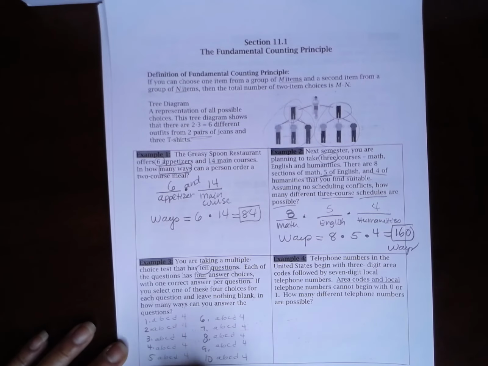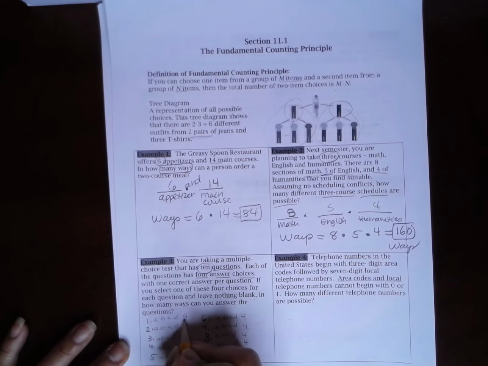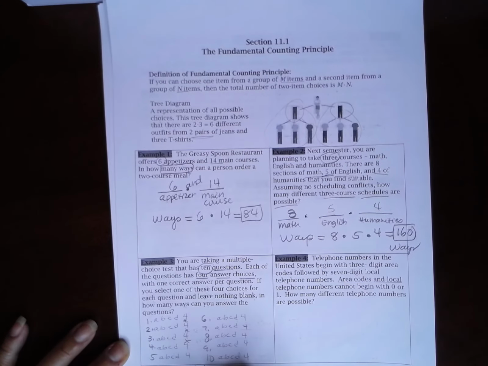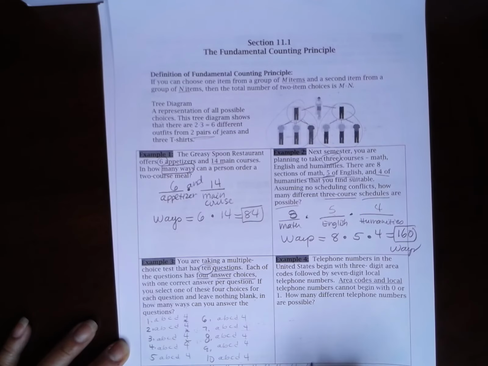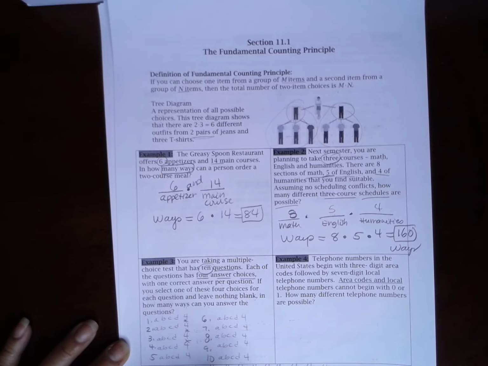Therefore, to find in how many ways you can answer, you multiply each one of them. So this is going to be 4 times 4 times 4 times 4 times 4 times 4 times 4 times 4 times 4, and one more times 4.